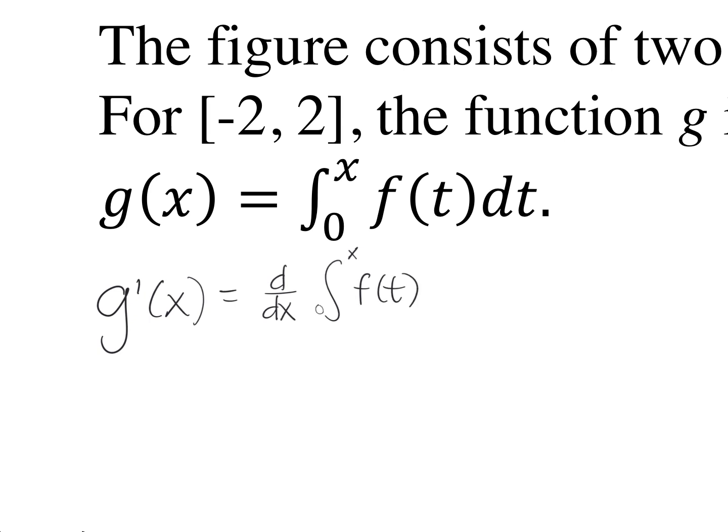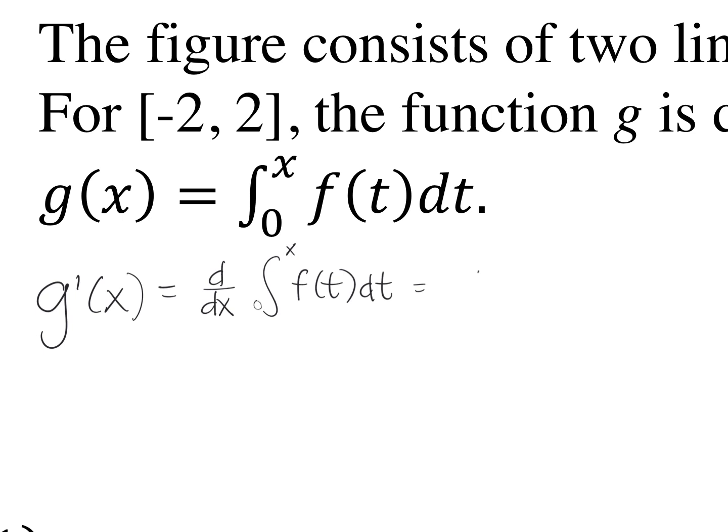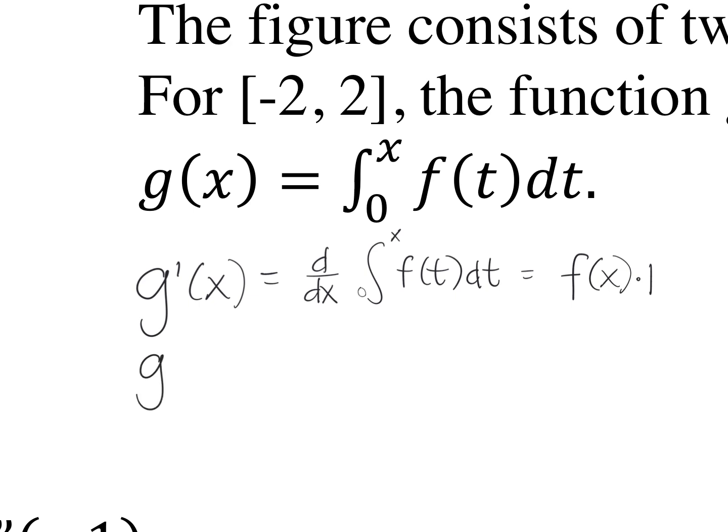So based on your homework from Wednesday and Thursday, that turns out to be f, we're back to f, with the upper bound of x plugged in and remembering the chain rule, minus f with the lower bound plugged in and remembering the chain rule, which ultimately we can simplify to be just f of x. And then g double prime would be the derivative of that.